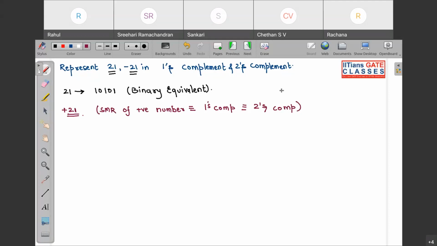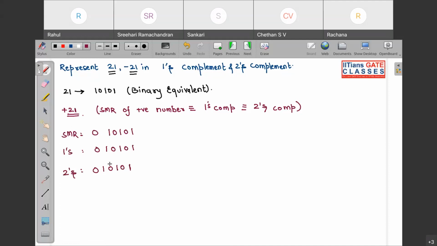So plus 21 in sign magnitude representation, we just saw, is 0 1 0 1 0 1. In 1's complement, this will be 0 1 0 1 0 1, and in 2's complement also, this will be 0 1 0 1 0 1.